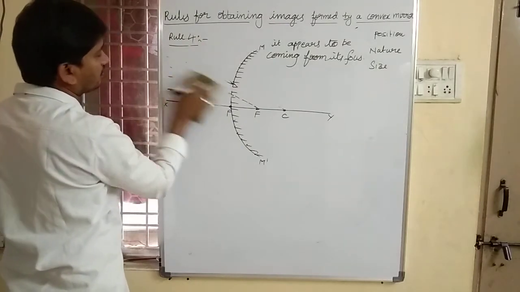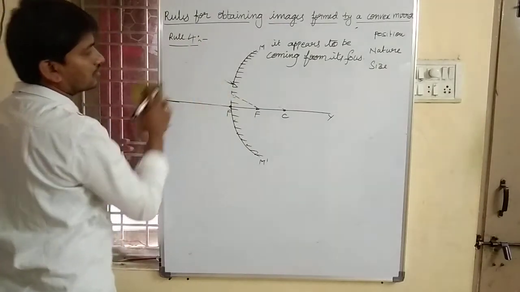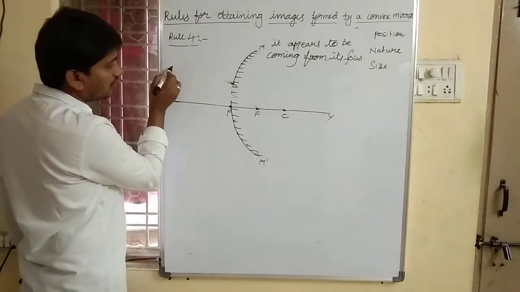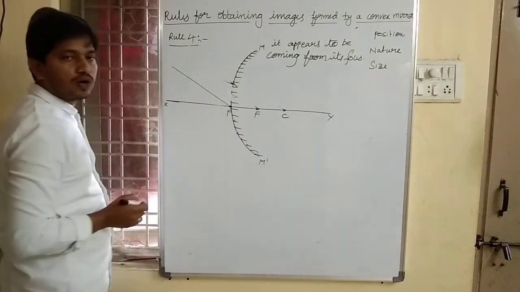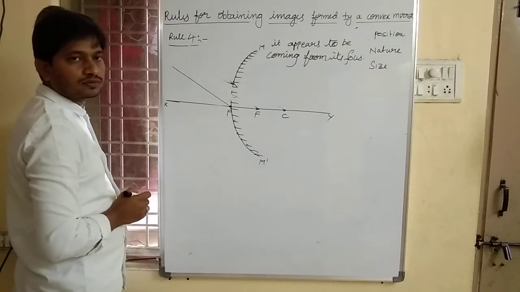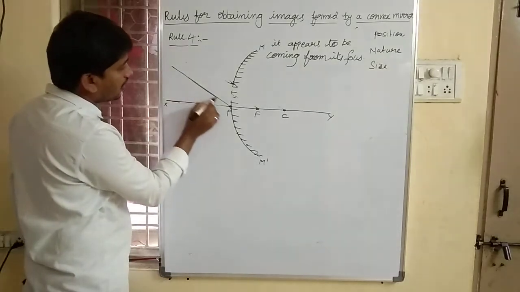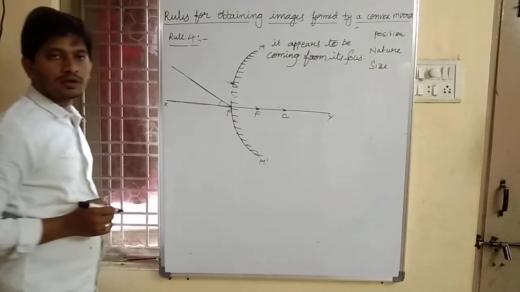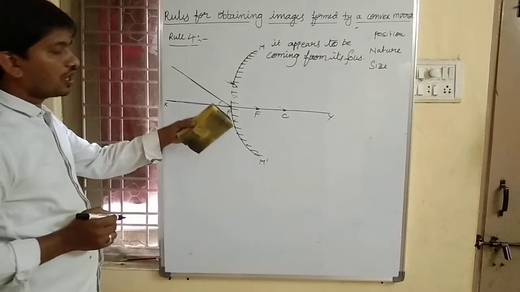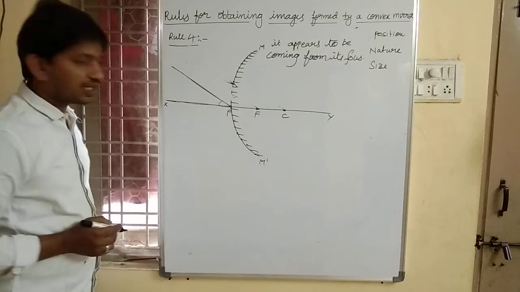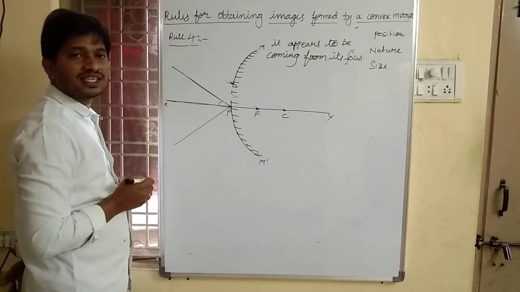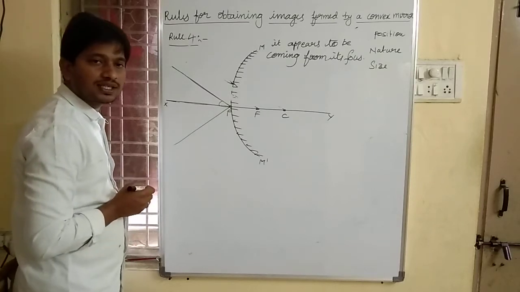Rule number 4. A ray of light which is incident at the pole of a convex mirror, after reflection, makes the same angle with the principal axis.